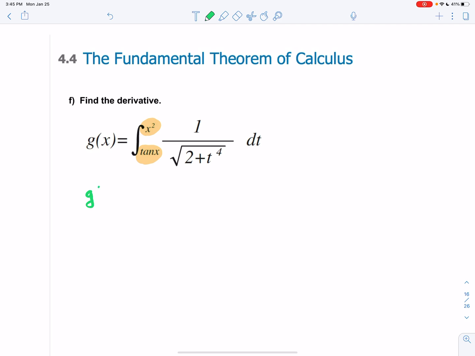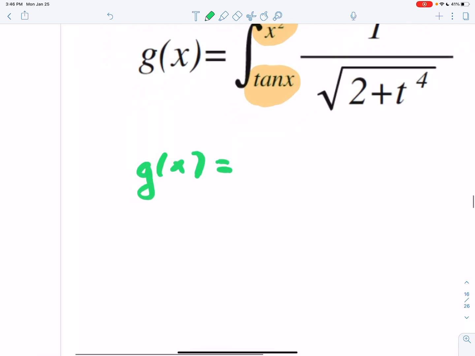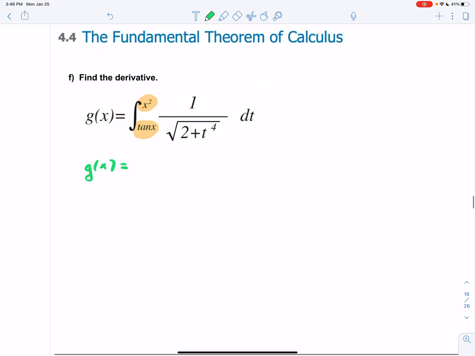So here's what you do, using that third property. Notice how I write g of x here and not g prime of x. What I'm going to do is split this integral. I'll start at tangent x, but then I'm going to stop somewhere, at a constant. I'll call this 0 because 0 is simple. You could stop at 4, you could stop at 5, it really doesn't matter.